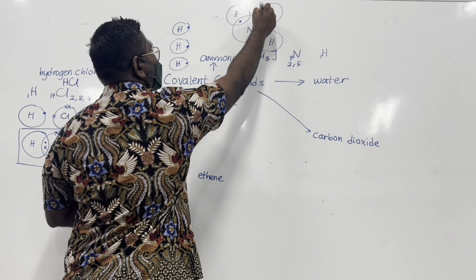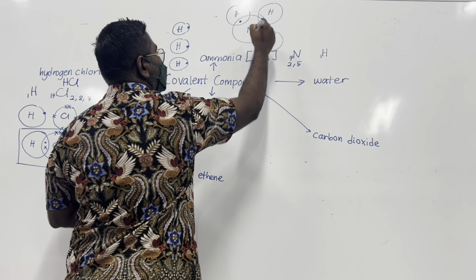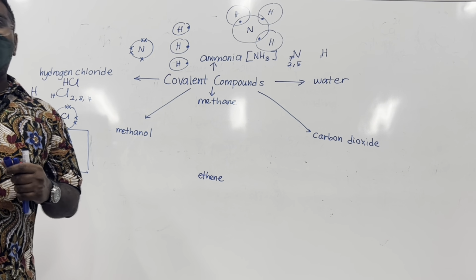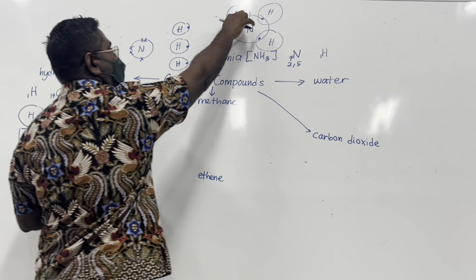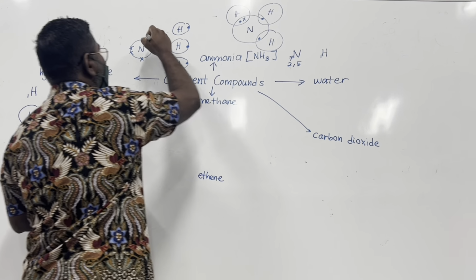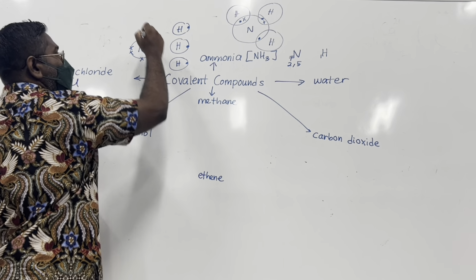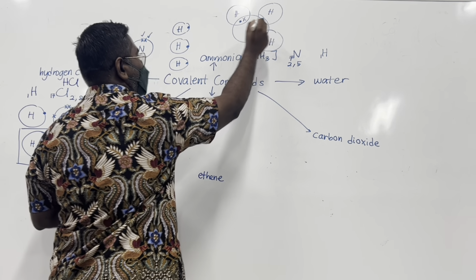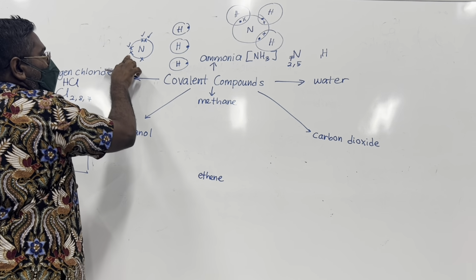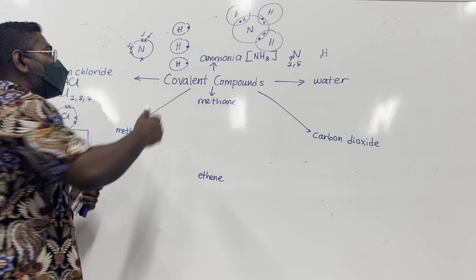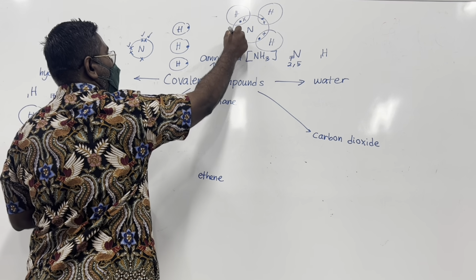So 1, 1, 1. Because nitrogen is sharing with each hydrogen, it will put forward 1 for each, and is left with 2 electrons. These 2 electrons will stay here.